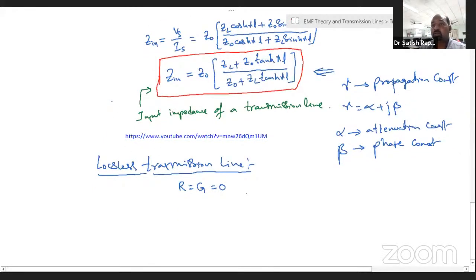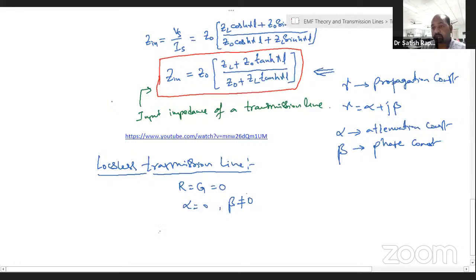So when R is equal to G is equal to 0, what did we get? Alpha is equal to 0 and beta not equal to 0 for a lossless transmission line.